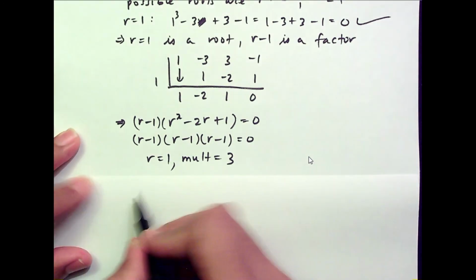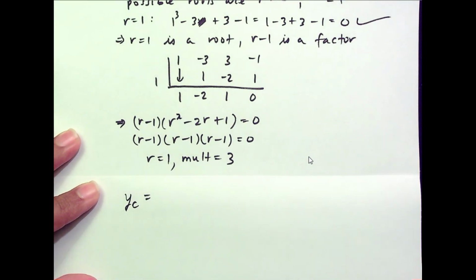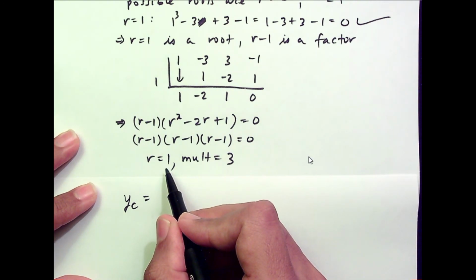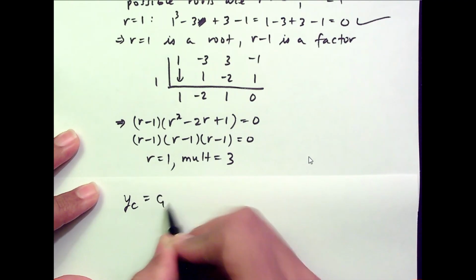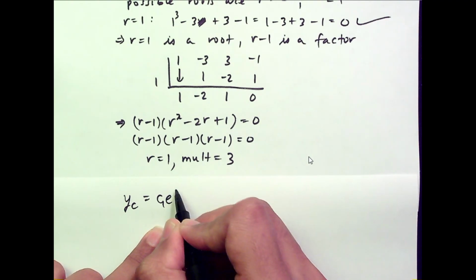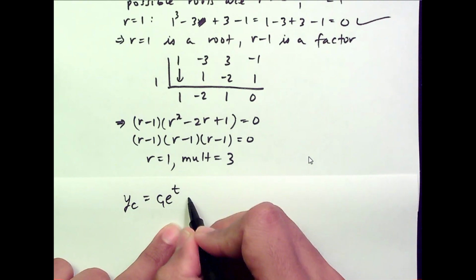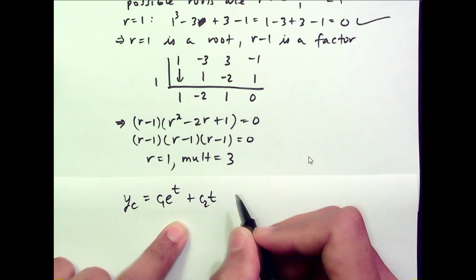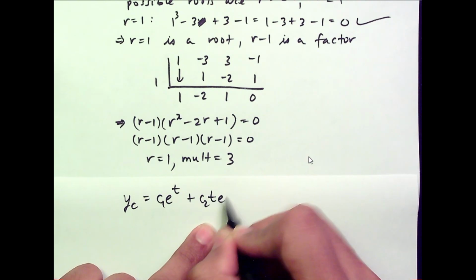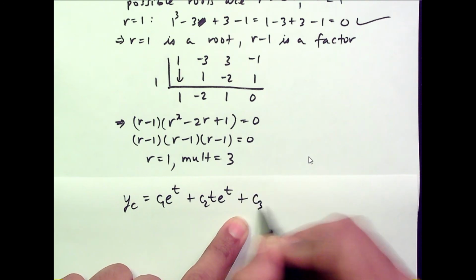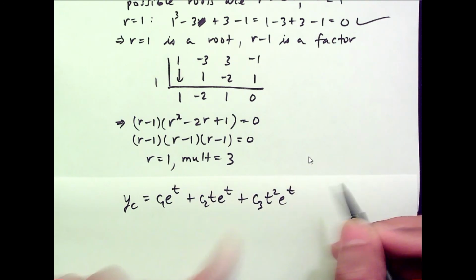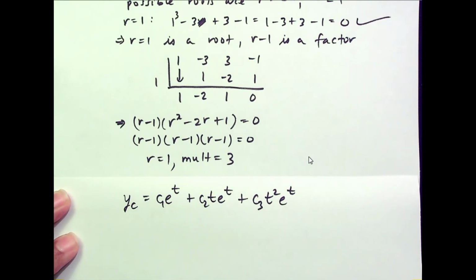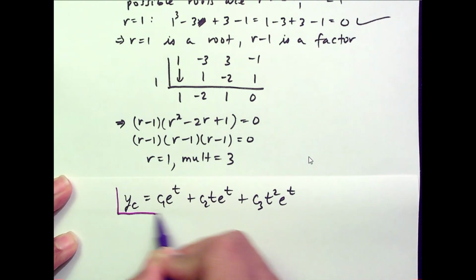The root is 1, multiplicity 3, so this is going to be c1 e to the t, plus c2 t e to the t, since this is a repeated root case, plus c3 t squared e to the t. And that is the complementary solution. I'm going to box it up here for easy reference.